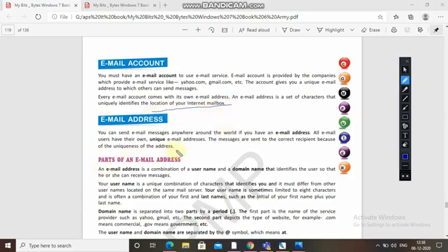And what about the email address? You can send email messages anywhere around the world if you have an email address. All email users have their own unique email address, because if all the users had the same address, then what would happen? A hodgepodge would be there.